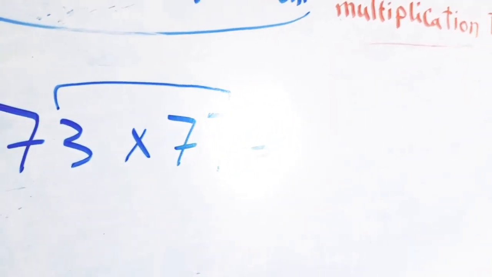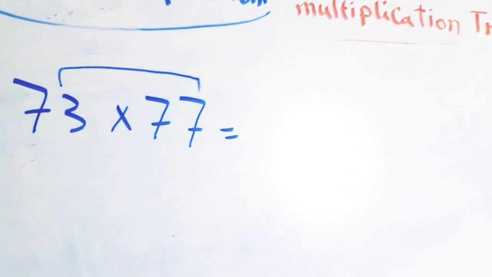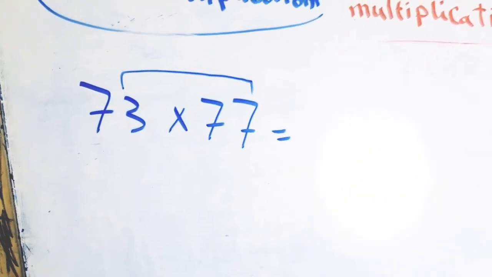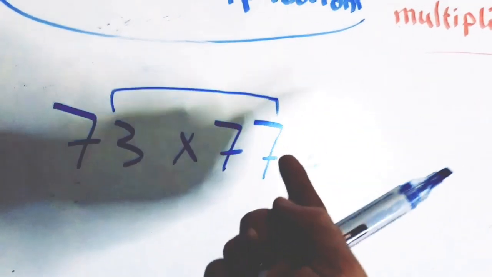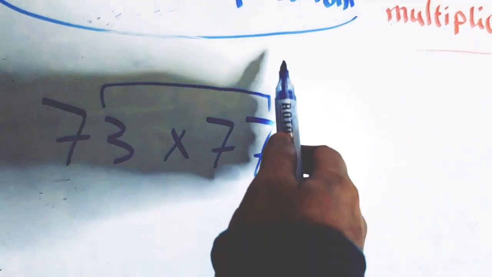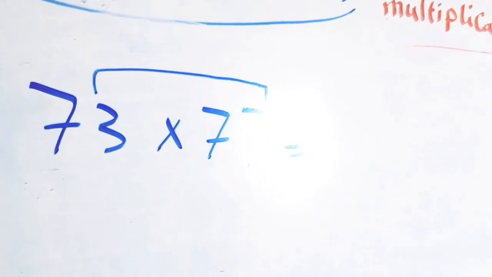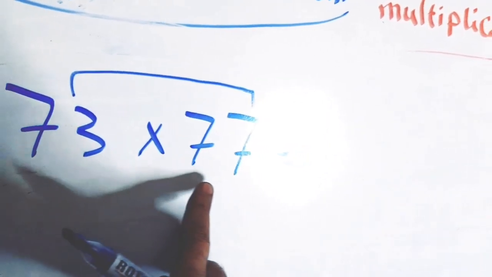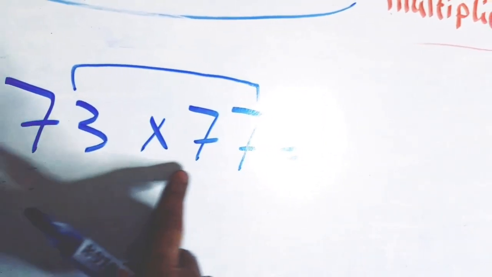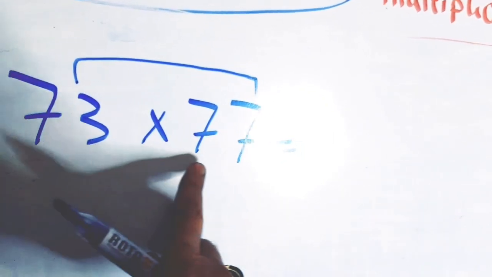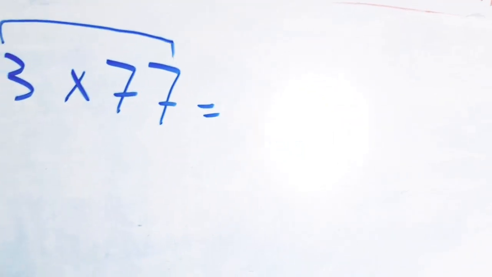In this way, we can reach the multiplication product easily. How? We first multiply the units digits by themselves. We multiply 3 by 7.